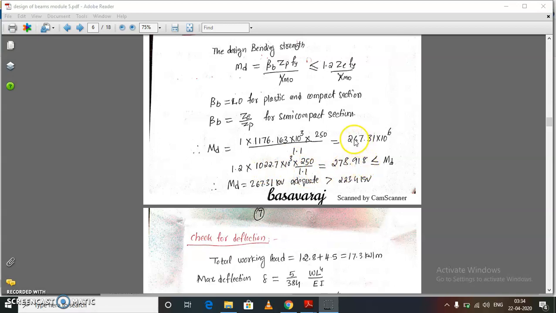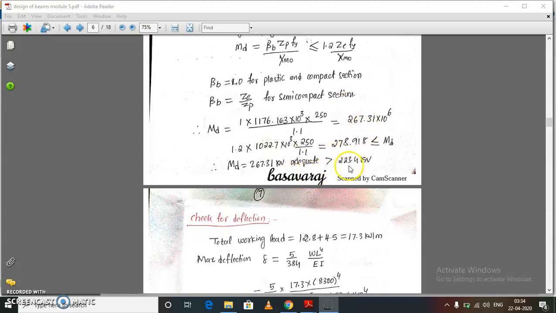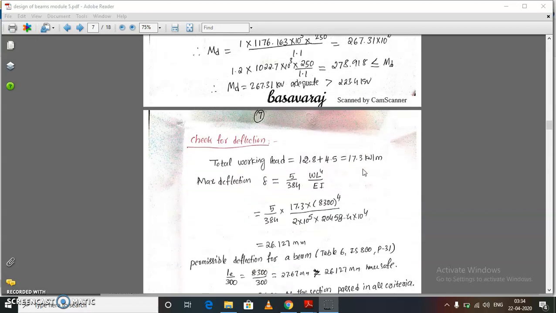So therefore Md 267.3 is less than 1.2 times Ze fy by gamma m0, hence it is okay. Again, the applied bending moment is 223.4 kilonewton meter and the section can take a bending moment of 267.31 kilonewton meter, hence the design is safe.